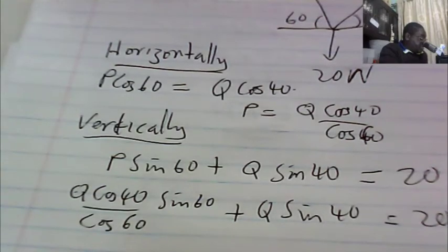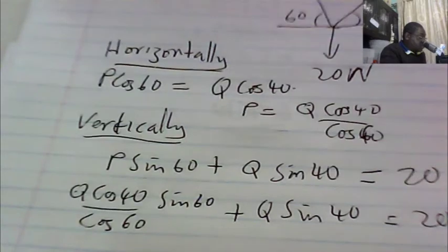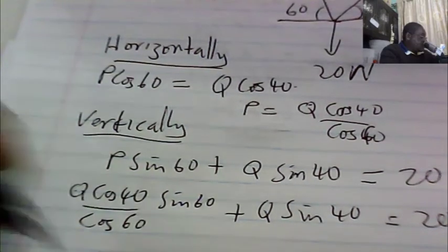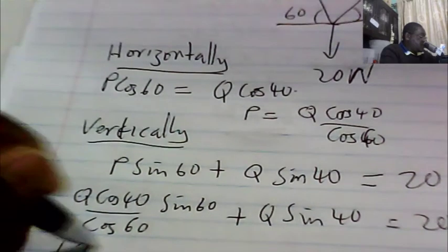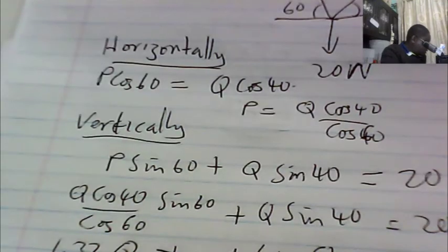Now if you do the maths, let's see, this is 1.32 Q plus 0.64 Q is equal to 20.